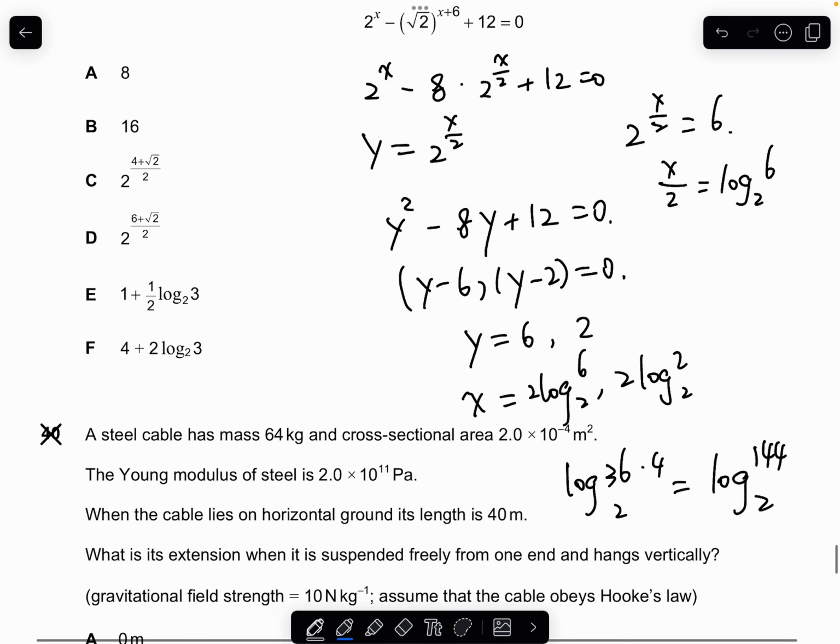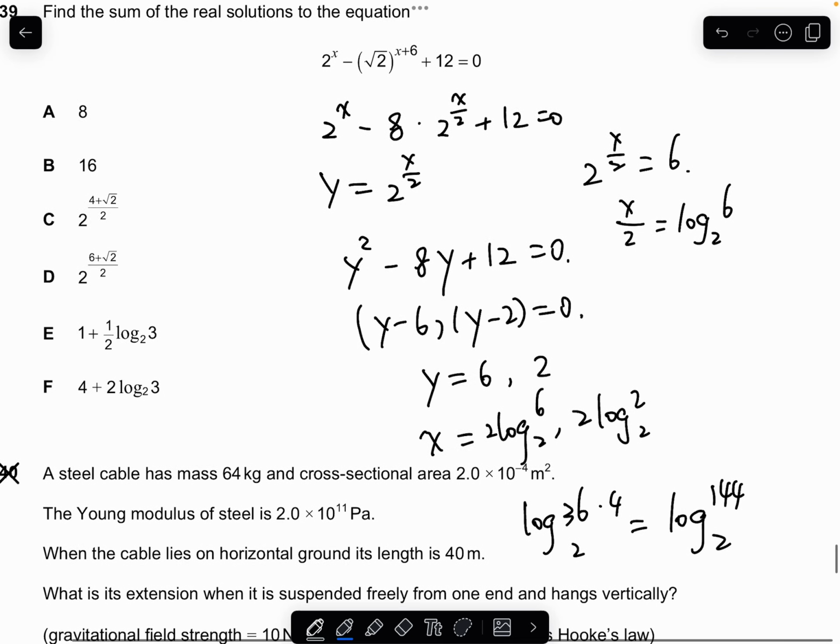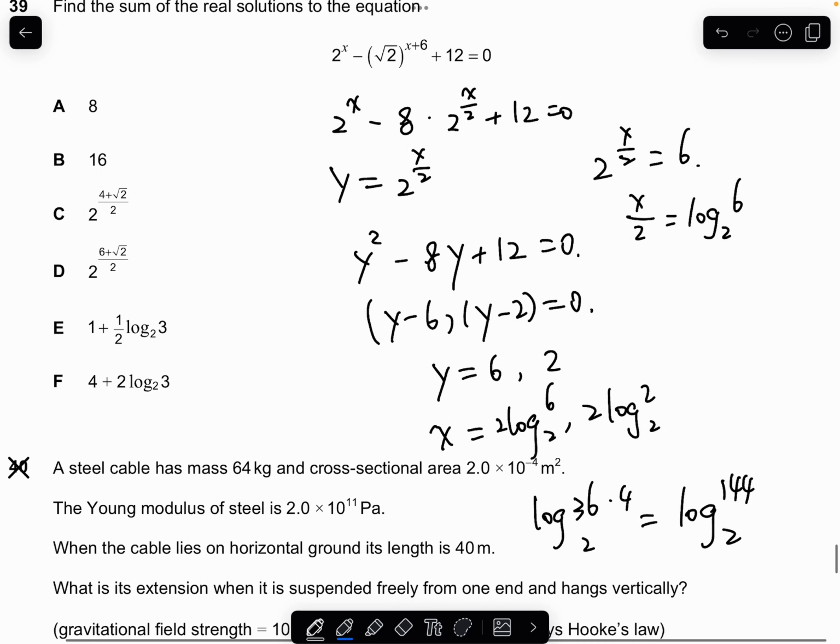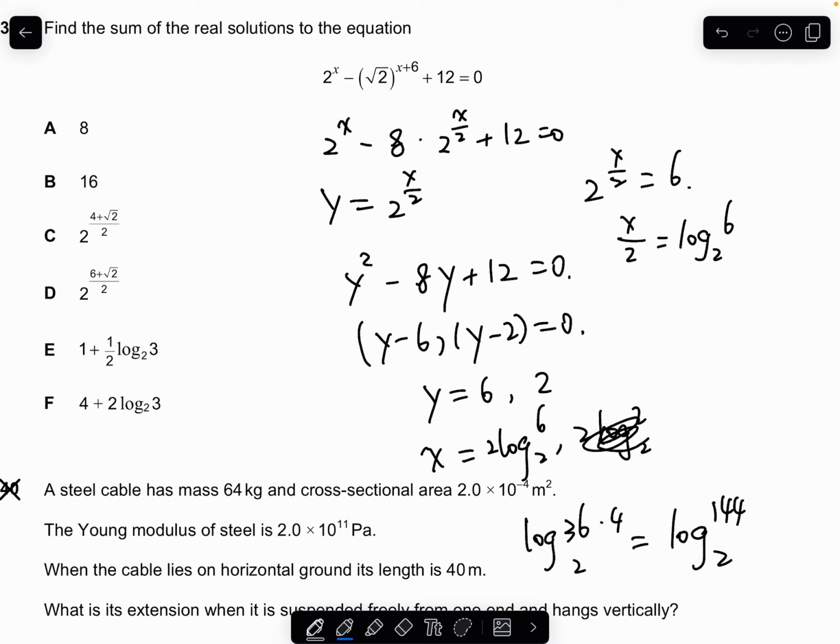Okay, is this correct? Well, perhaps I don't need to do that. 2, just 2.